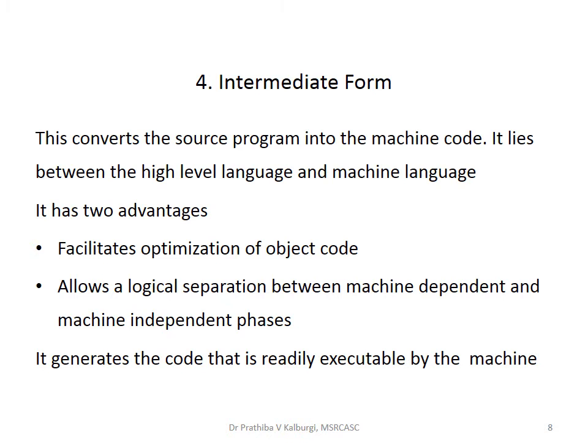Now what are the two advantages? So there are two advantages. Mainly, it facilitates the optimization of the object code. The other one is it allows a logical separation between the machine independent phases, that is, lexical analysis, syntax, as well as the interpretation phase, and the machine dependent phase, wherein we have the code generation as well as the assembly.